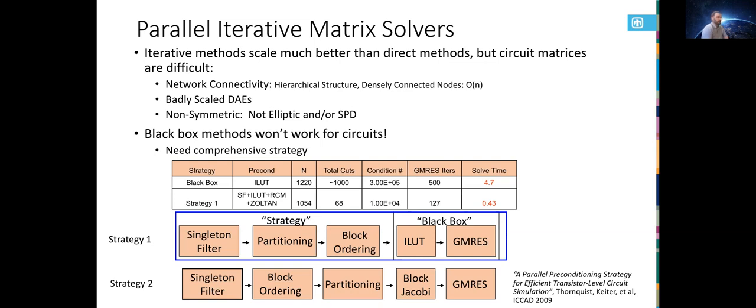These two, strategy one and strategy two that I'm showing on the slide, are both from a fairly old paper, from about 10 years ago, where we compared these two strategies. The second strategy represented what felt at the time like a pretty good breakthrough on getting circuits to work in parallel. So I'll talk about that a little bit now.